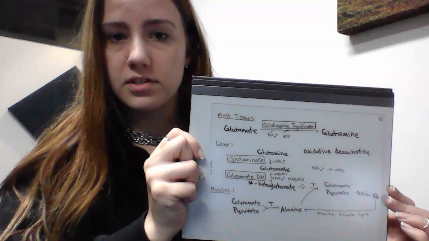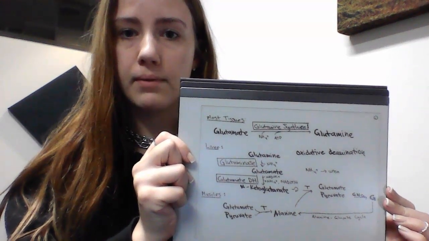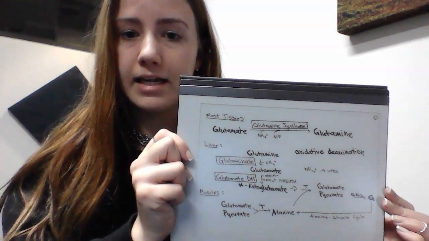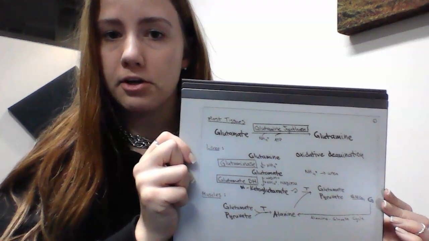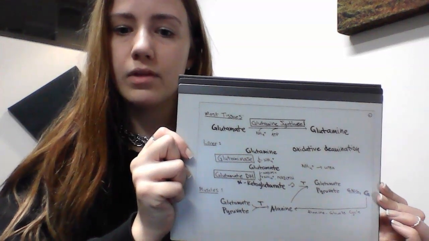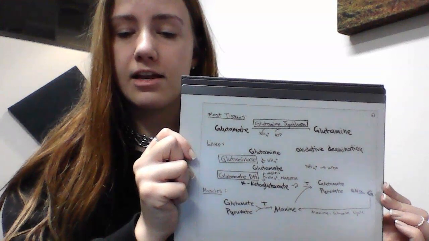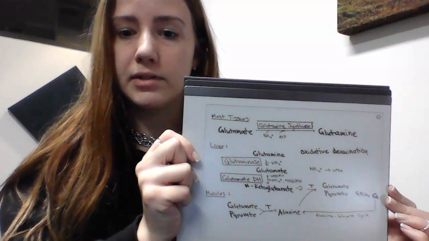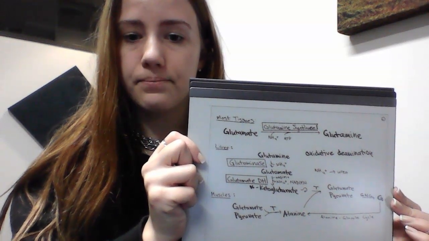So in most tissues, glutamate is combined with the ammonium ion to form glutamine. This requires ATP and glutamine synthetase. Most of the ammonia in our bodies is present as the ammonium ion. In the liver, this glutamine is then oxidatively deaminated. First, it is deaminated to form glutamate through the glutaminase enzyme.